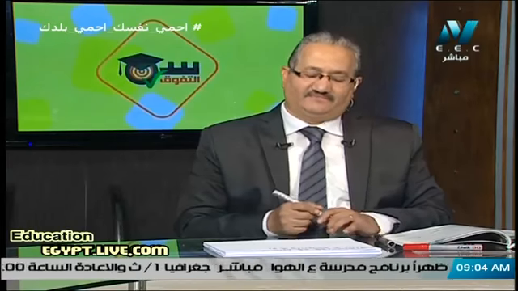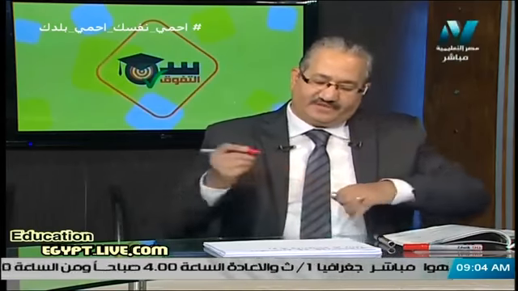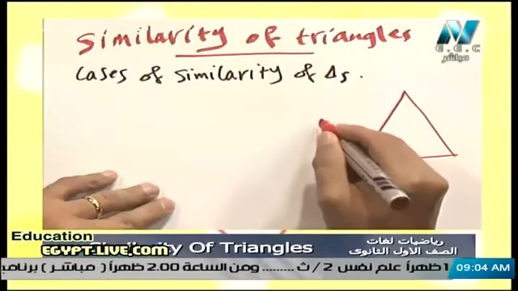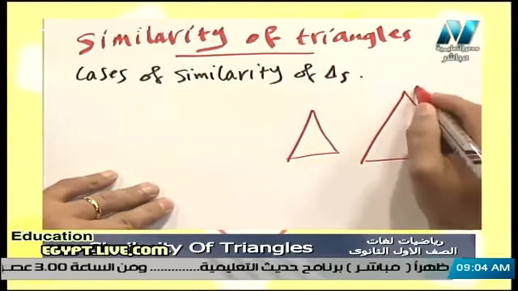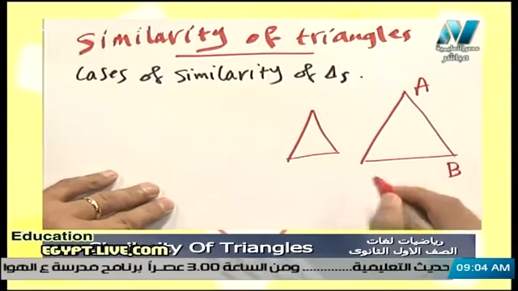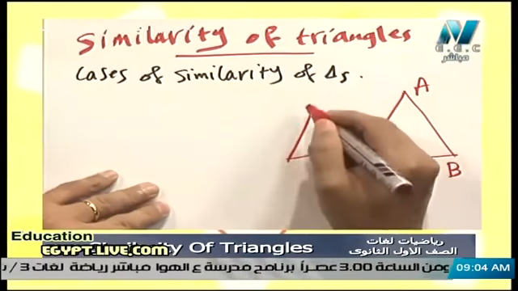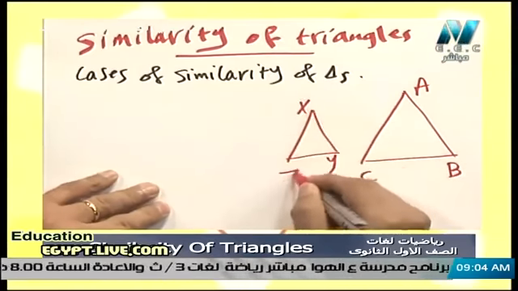Okay? If we have two triangles and we would like to prove that the two triangles are similar, we have many cases. The first case here, if we have two triangles like that, triangle number 1 called ABC, and triangle number 2 called XYZ.